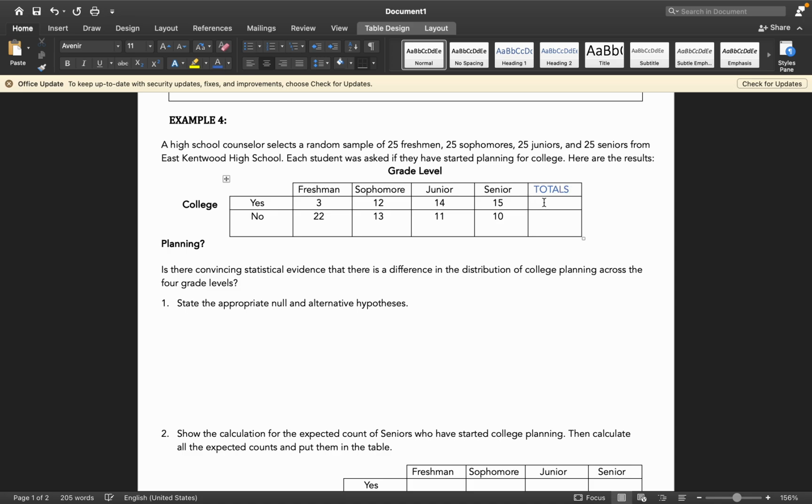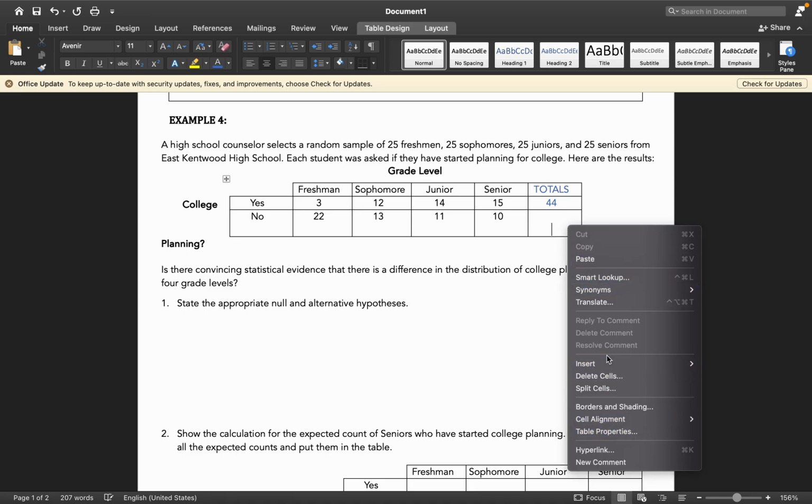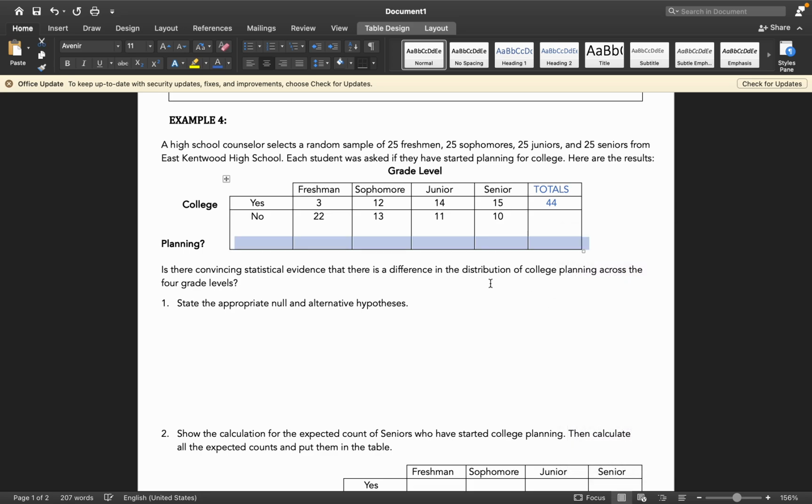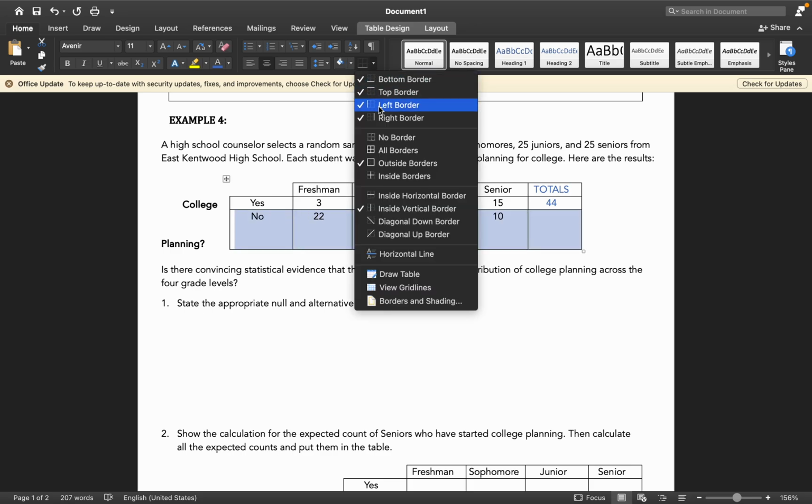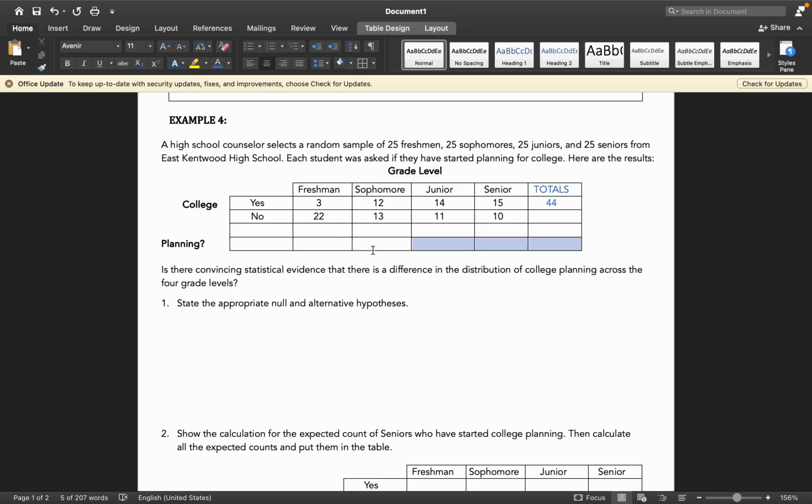So we're going to check out our totals. Our totals here are 44, 56, and we surveyed 100 students. So here we get 25, 25, 25, and 25 from each.